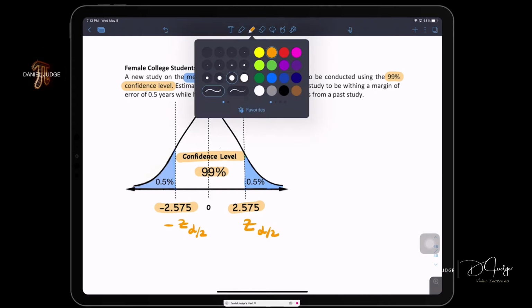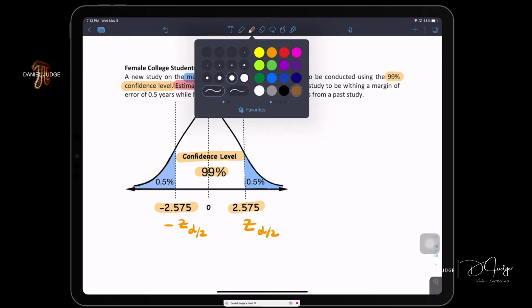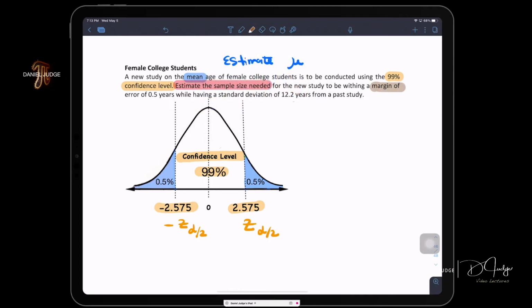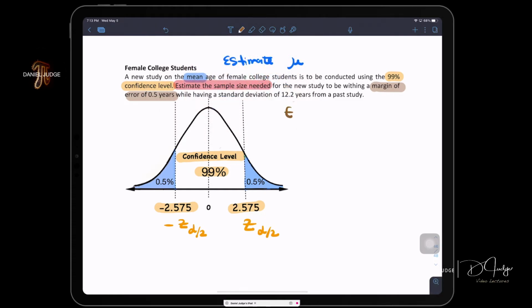So they're going to say now, estimate the sample size needed for the new study to be within a margin of error of 0.5 years. So that's your margin of error, E is half a year.